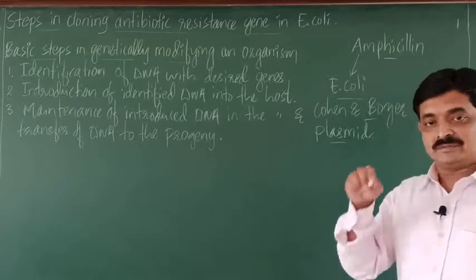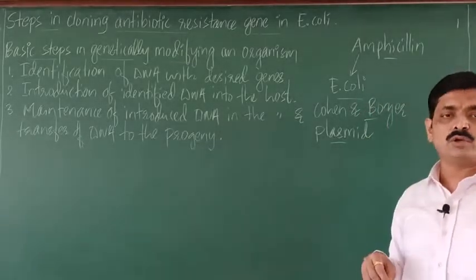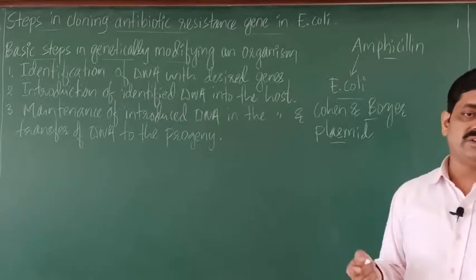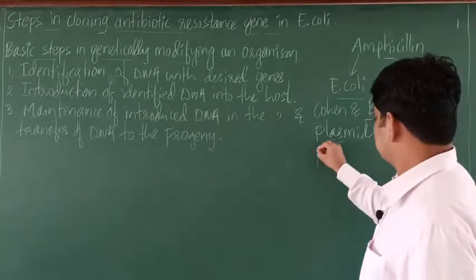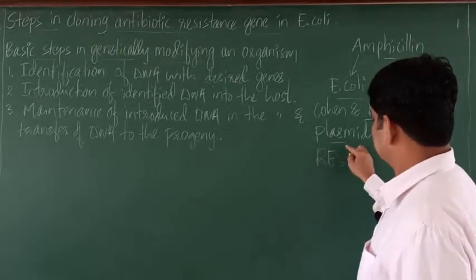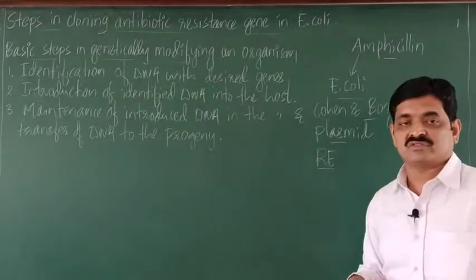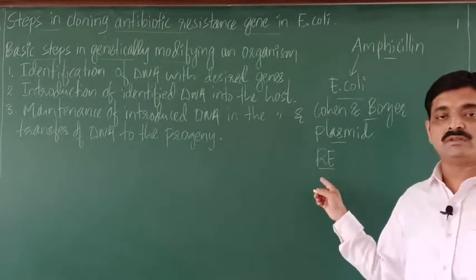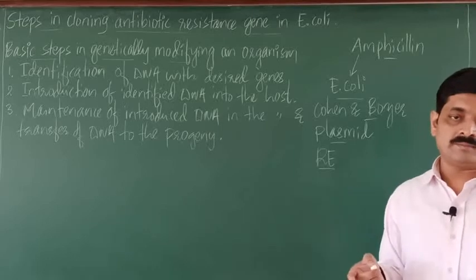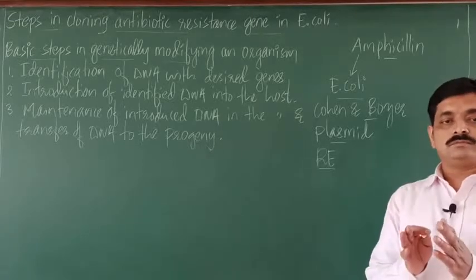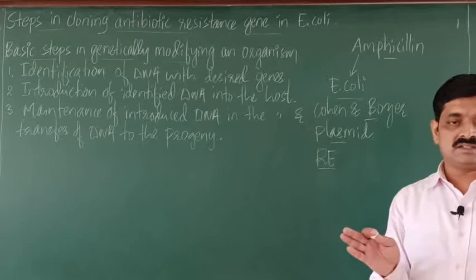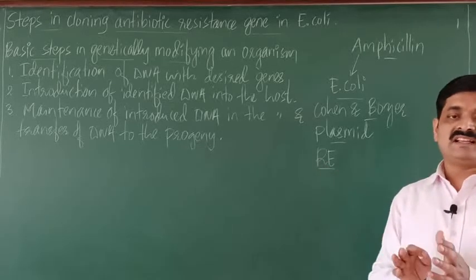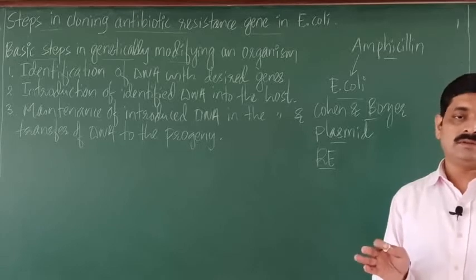Now this plasmid is closed, so it was made open by treating with restriction enzyme. So the plasmid was treated with restriction enzyme. This plasmid was cut by this enzyme. Now this plasmid is called open.